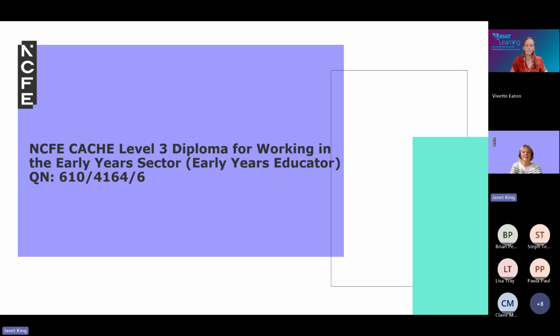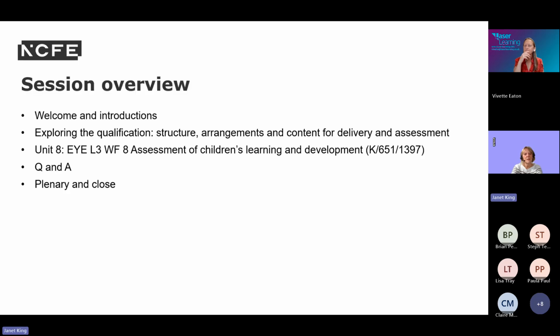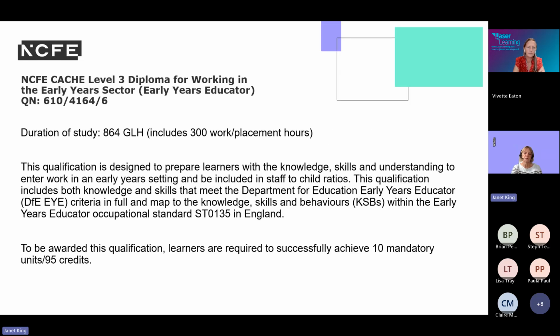So just to set the scene, we are looking at, as I say, the assessment of children's learning and development. And we'll talk through that unit within the qualification and try and make some links. I know that previously we had a session that linked child development with Unit 8, and that's so important.